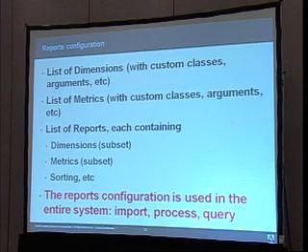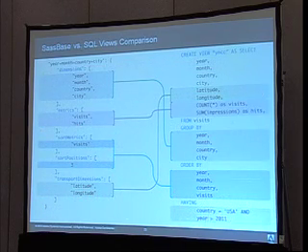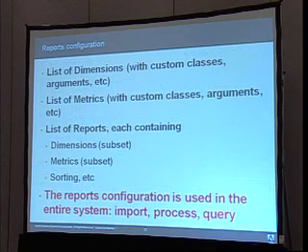It contains a list of dimensions, a list of metrics, and a list of reports which basically have this format, containing a subset of dimensions, a subset of metrics, and eventual sorting. Also, apart from this report configuration, users can choose to implement and override their own dimension and metrics classes. And this turns out to be a really handy mechanism of injecting some flexibility into the system.